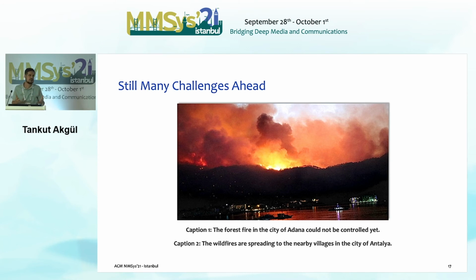There are still some challenges ahead, considering this limited scope of cheapfake detection by using one image and two captions. There are still problems that we need to address, and I can give you an example of that here. So there's a fire in the picture, and one of the captions says this fire is in the city of Adana, a city in Turkey, and the other caption says there's a fire in the city of Antalya.